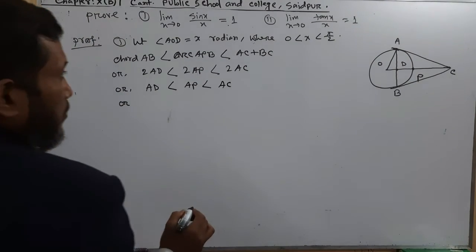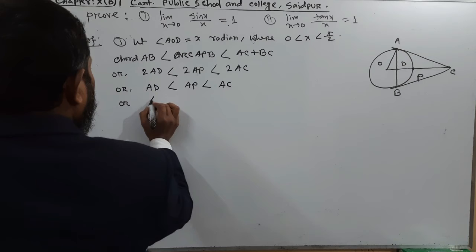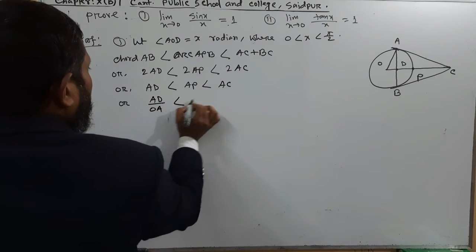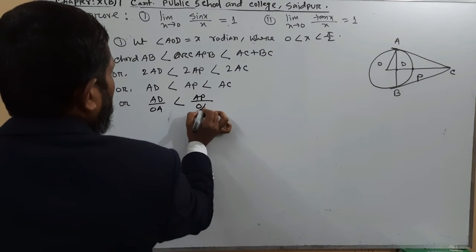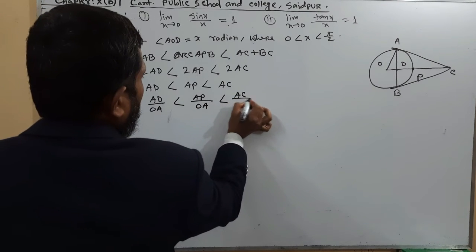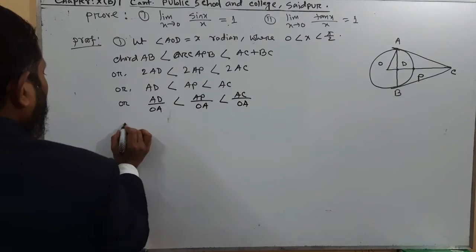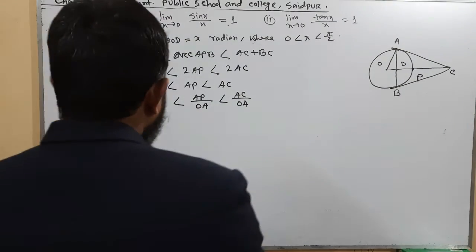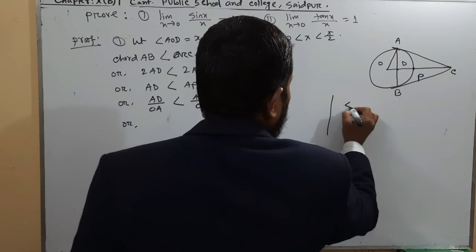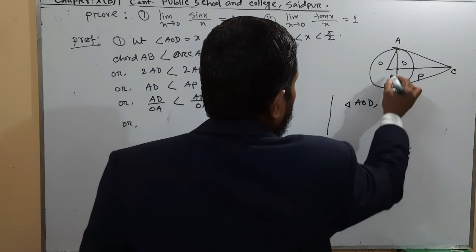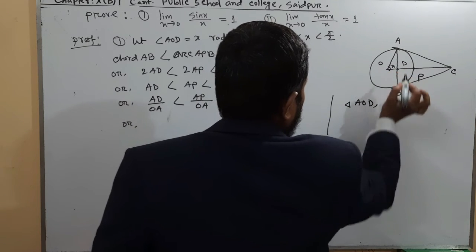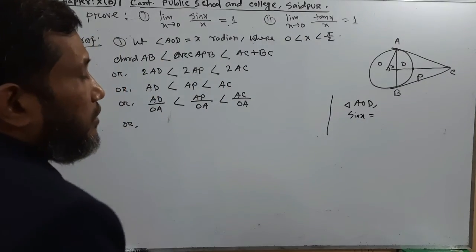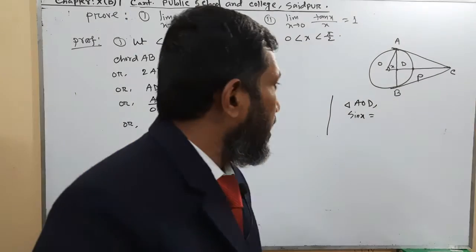Dividing both sides by OA, the radius of the circle. We know in triangle AOD, where this is angle x, sin x is equal to opposite by hypotenuse.